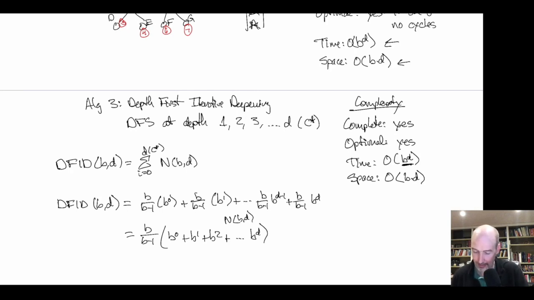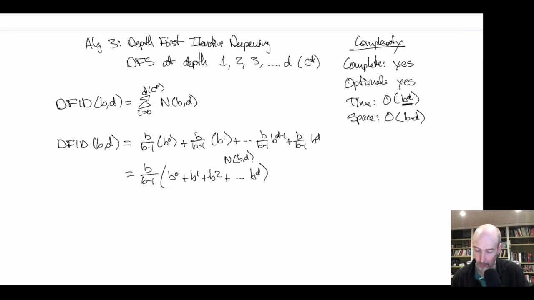Then what I can say is that this is equal to b over b minus 1 times b over b minus 1 times b to the d, which is equal to b over b minus 1 squared times b to the d. Assuming that the branching factor is constant, this term is just a constant factor. And so overall, it's bounded by b to the d.